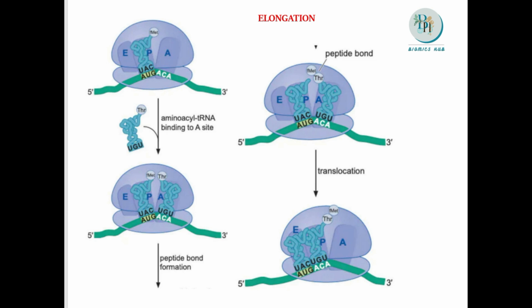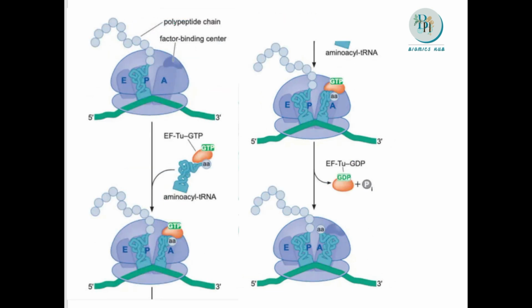The EF-Tu will come and bring the tRNA. It requires GTP, and this tRNA will come and bind in the A site. After the tRNA is in the A site, the EF-Tu is released, and now it is in the GDP form.